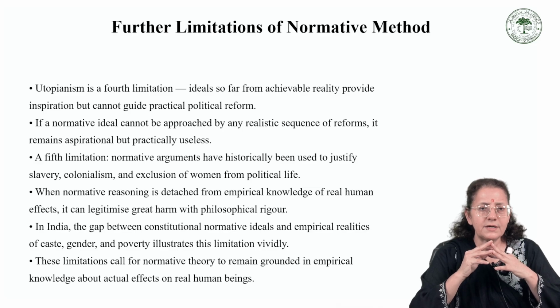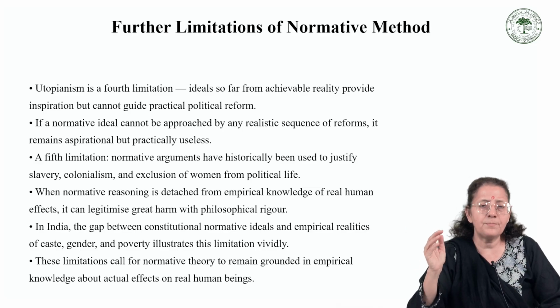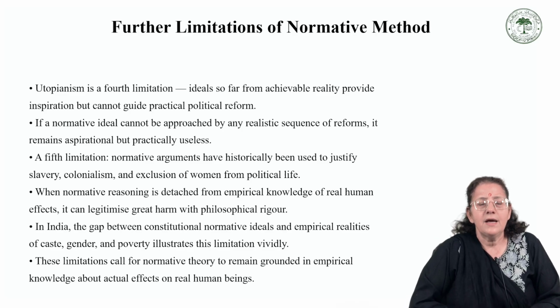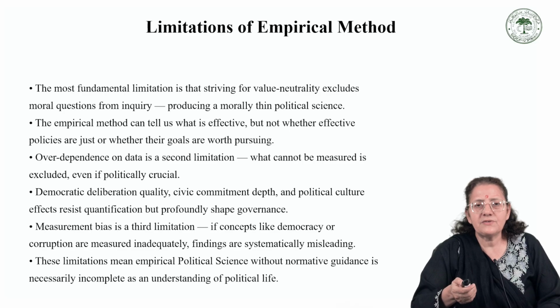In the Indian context, the limitations of the normative method are particularly visible in the tension between normative ideals enshrined in the Constitution and the empirical realities of Indian political life. The Constitution commits India to equality before the law, the abolition of untouchability, and so on. These are powerful normative commitments.